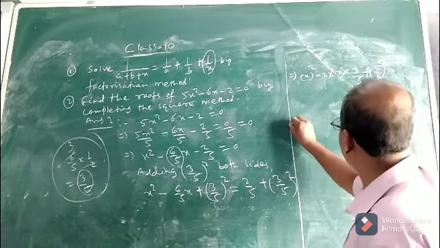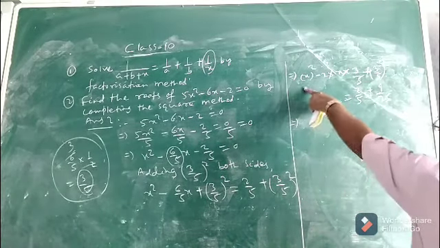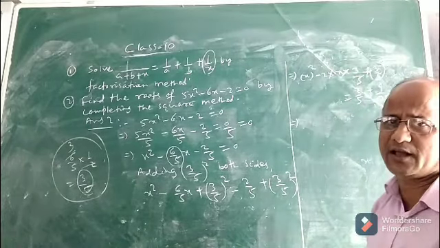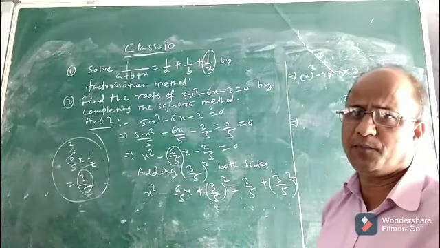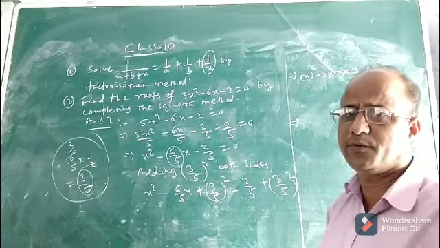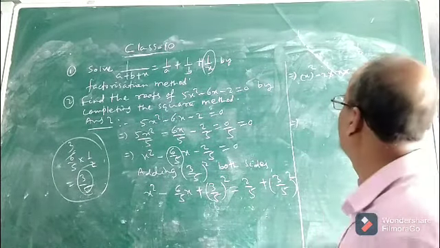Now clearly the left hand side of this expression has come in the form a square minus 2ab plus b square, and the formula you know is a minus b whole square.